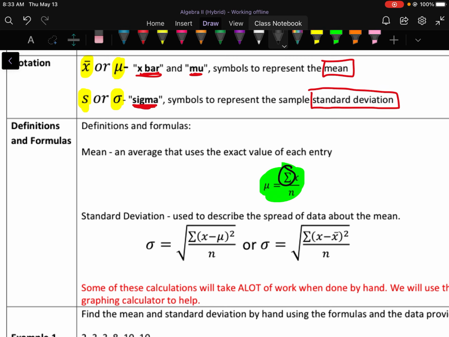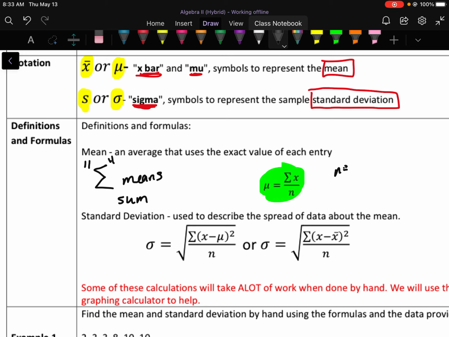What this little E looking thing means, put little quotations around it, that means sum. So it's telling you to add up all the x's, those are your data points, then divide by n.